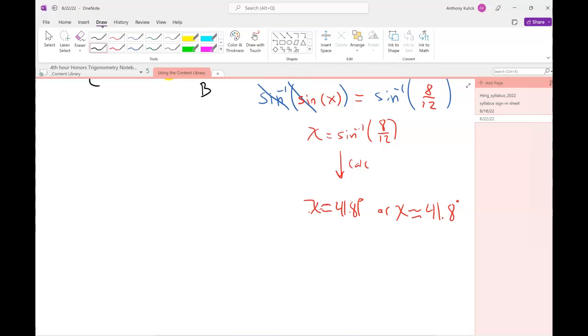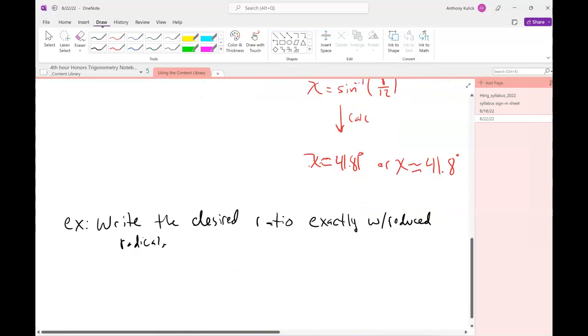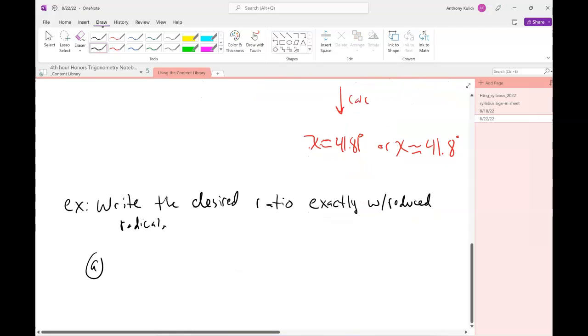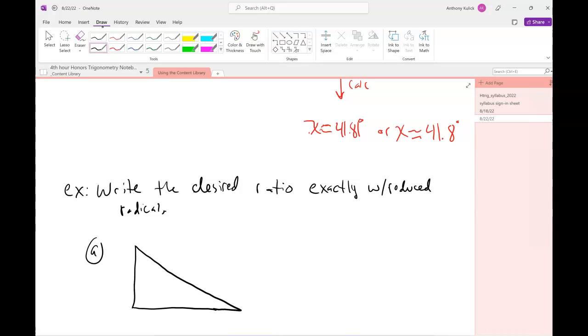Okay. What if we want to... So what if I ask you to write the desired ratio exactly?